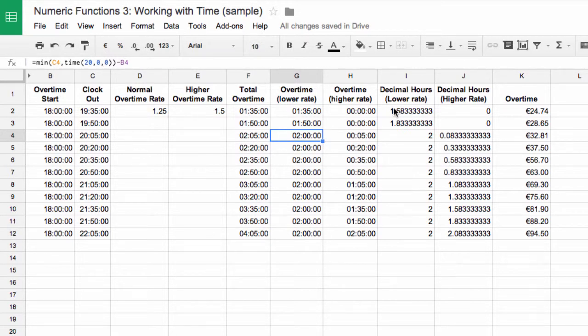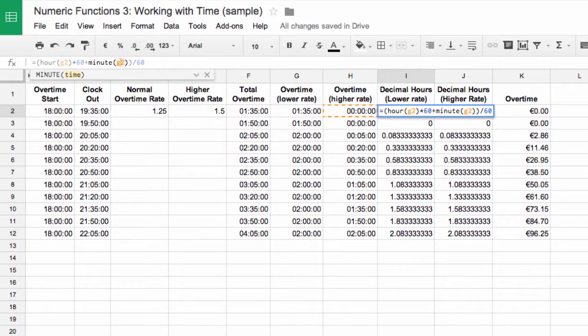The next step is to convert these amounts into decimals so that we can use the decimal to calculate the overtime to be paid. So it's a question of converting the hour element into minutes. We can ignore the seconds because they're all zeros, and divide by 60 to convert the overall figure to decimals. So it's equals hour.